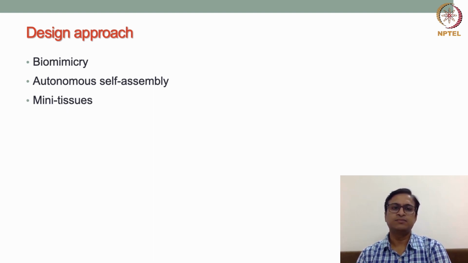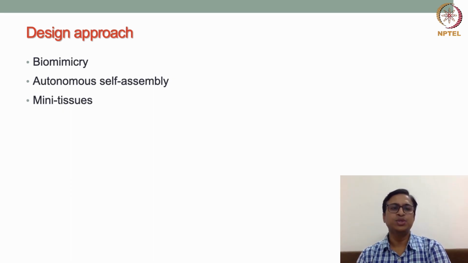specifically to print biomimicking tissue structures so that the function can be generated for that particular tissue or organs. So there are basically three design approaches that researchers consider or work on.